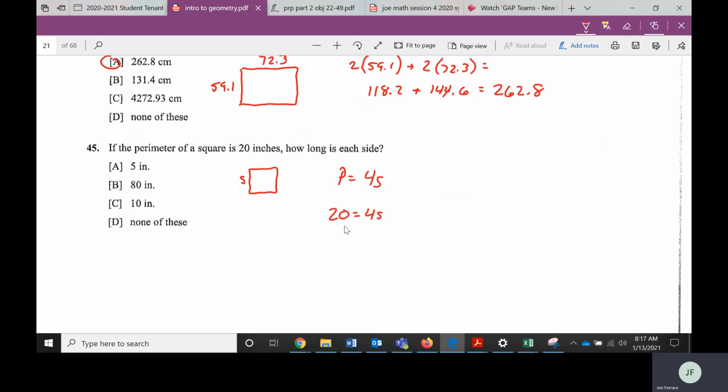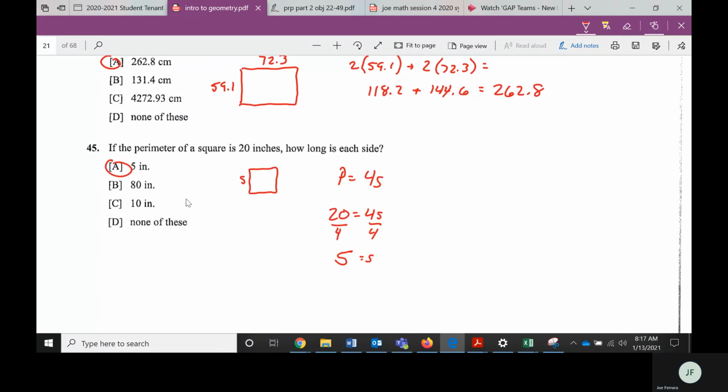So we're thinking 4 times what equals 20. So you could probably just do this one in your head, or if you remember algebra, you do the opposite. So you divide by 4. So S equals 5. And you could have even guessed and checked that. You could just guess as a 5, 5, 5, and 5 all the way around. Yeah, that would add up to 20.